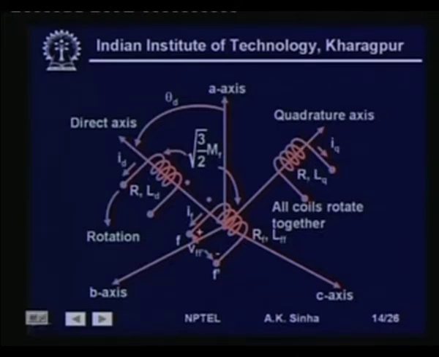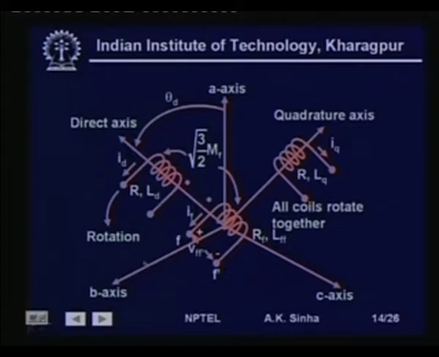Similarly, the quadrature axis coil has a resistance R and an inductance L q, and of course, the field winding or the rotor has a resistance R f and a self inductance L f f. This rotor coil is excited by a voltage V f f dash.